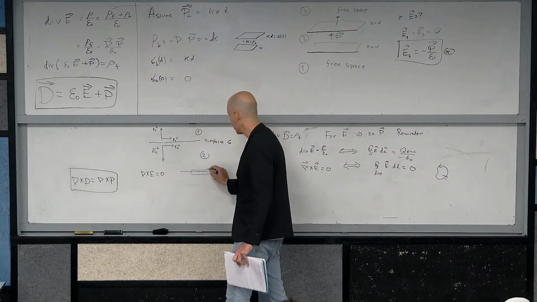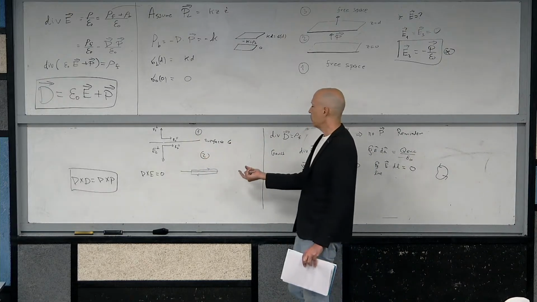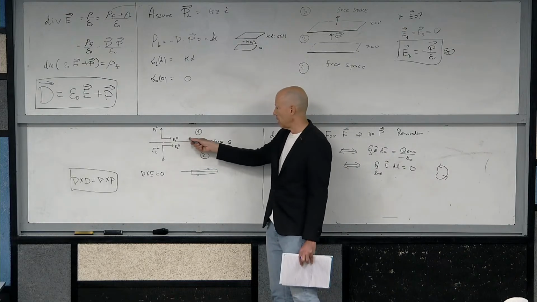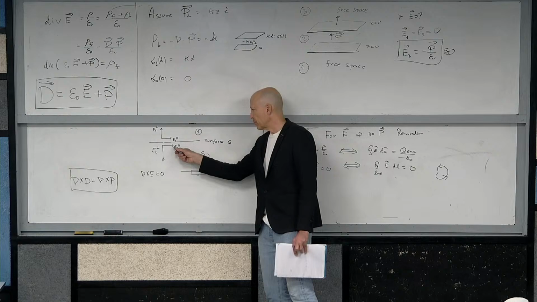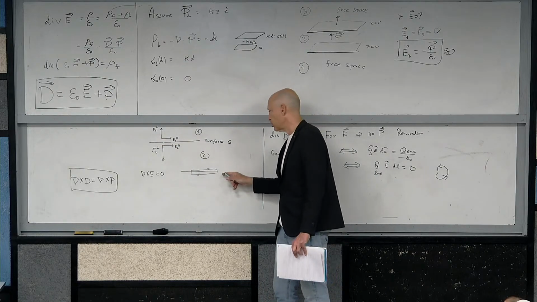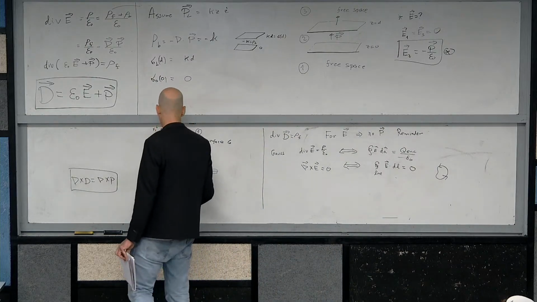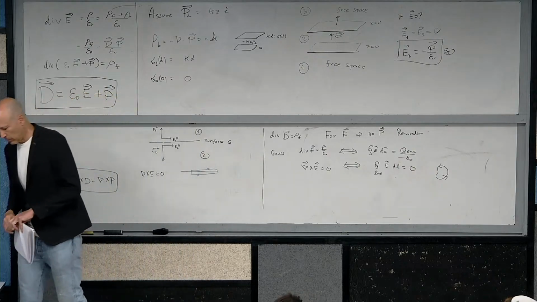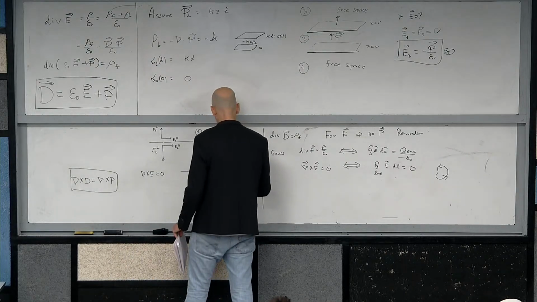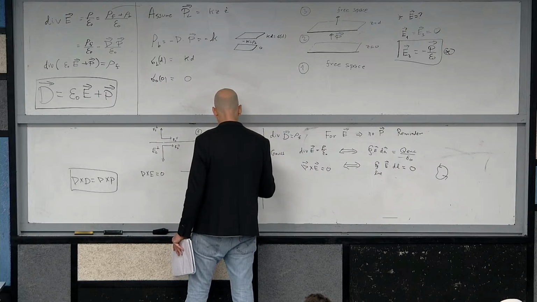I like to think of it as a smeared box. Of course, this is going to be infinitesimal, and we do the integral of the electric field which is parallel, then we go back, electric field down here, and all this integral over the top and the bottom has to be equal to 0. That means that from here we get that these two fields have to be the same: E1 parallel equals E2 parallel.